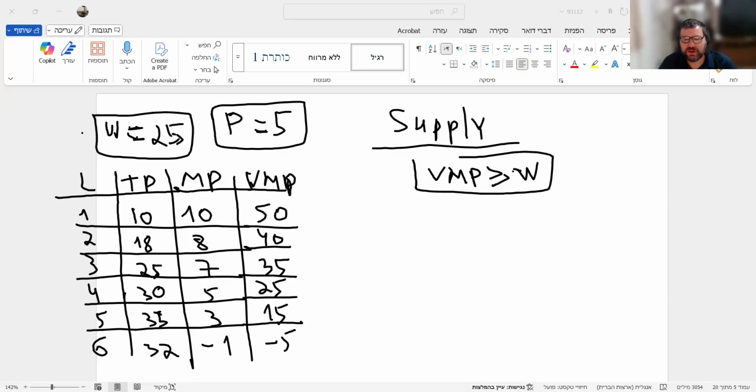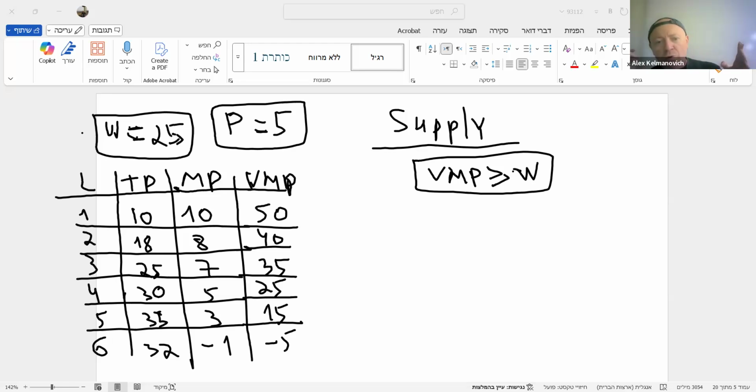Why bigger than or equal, not just bigger? Because if it's equal, we don't earn anything. Okay, good question. So if you look at the table, the first labor's VMP is 50. So will we take him to work?